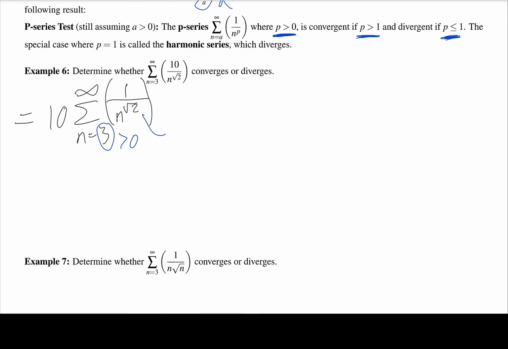And then this square root 2 is greater than 1. So that automatically tells me that this is convergent.